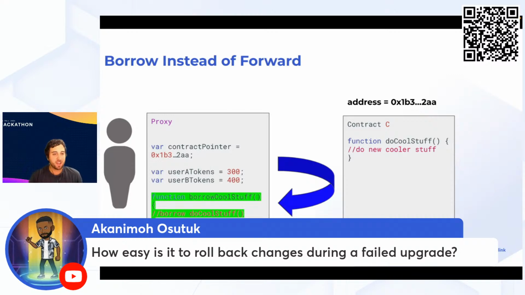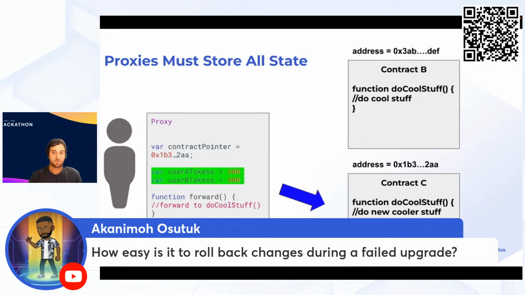How easy is it to roll back changes during a failed upgrade? Not easy, right? Once you upgrade a smart contract, it goes out there, and users are going to start using it immediately because the proxy will point to the new contract. Here, the proxy is pointing to contract C now and is doing new cooler stuff.